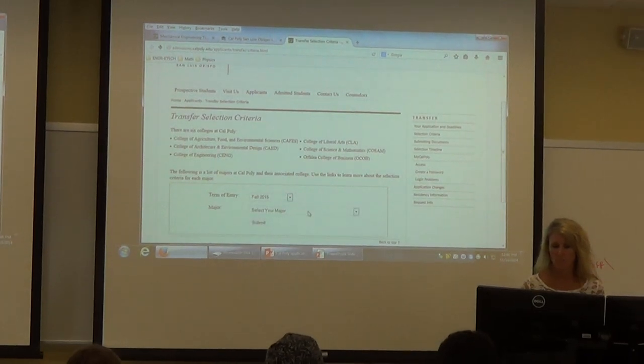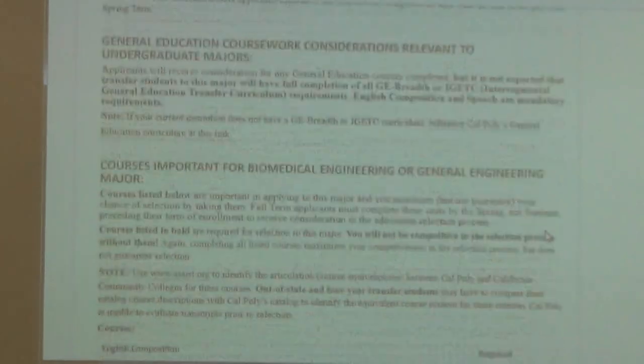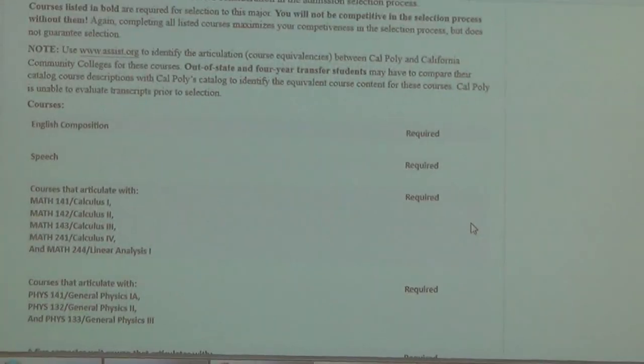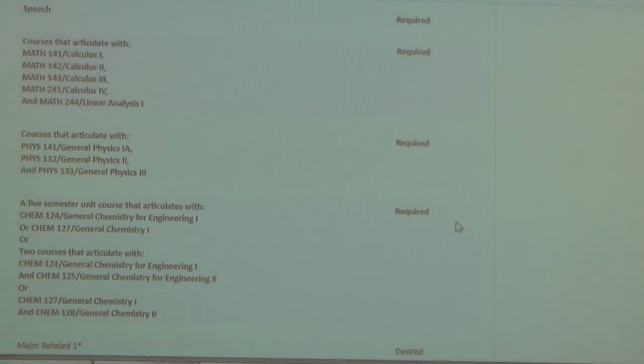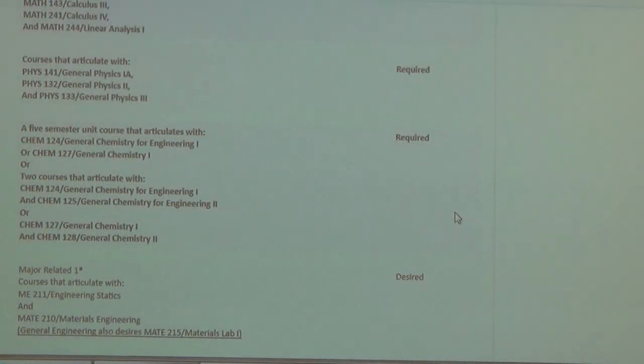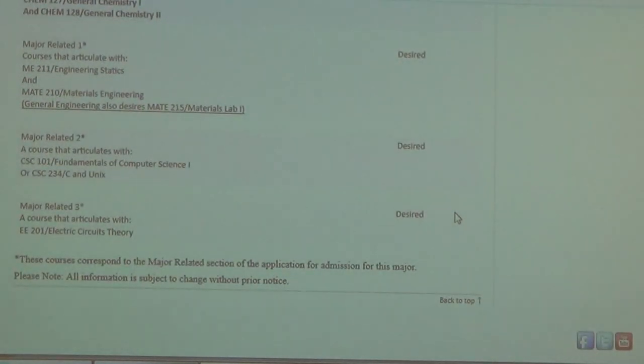Biomedical engineering. Okay, so English composition and speech, all the calculus, the linear algebra listed there, the general physics and then the chemistry scores there. And then for your major related, the statics, the materials, the computer science, and the electrical circuits.